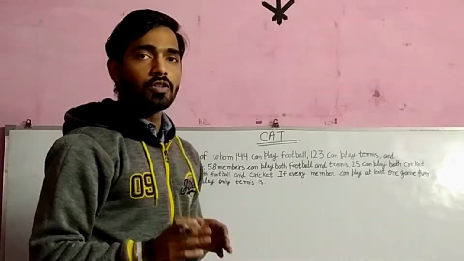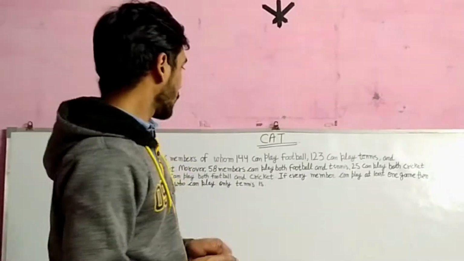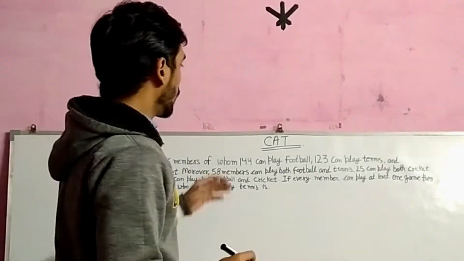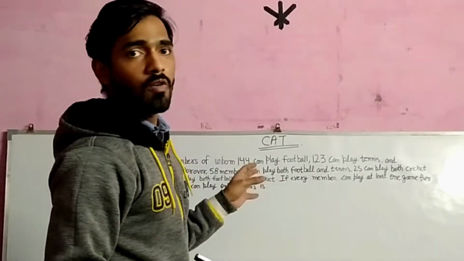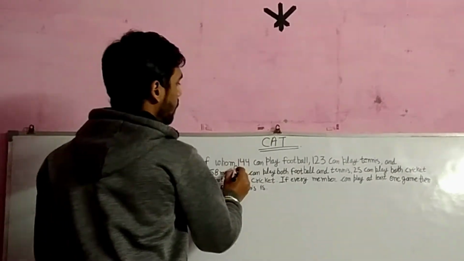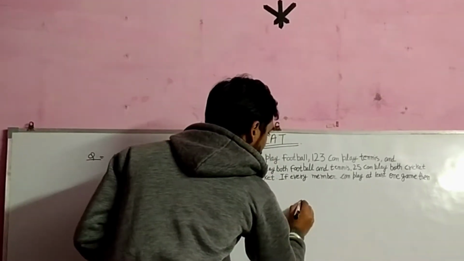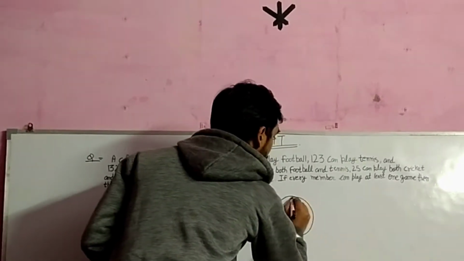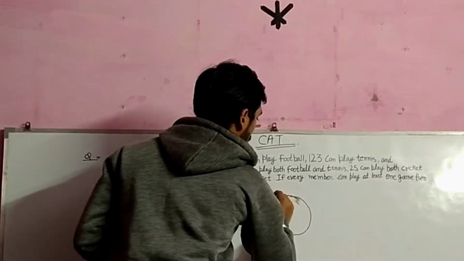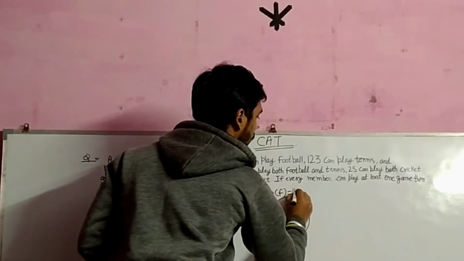For the solution of this question, we first have to know about the Venn diagram, so I am going to draw the Venn diagram of this question. We have 144 members who play football, so there is one circle showing the members who play football, n(F) equal to 144.